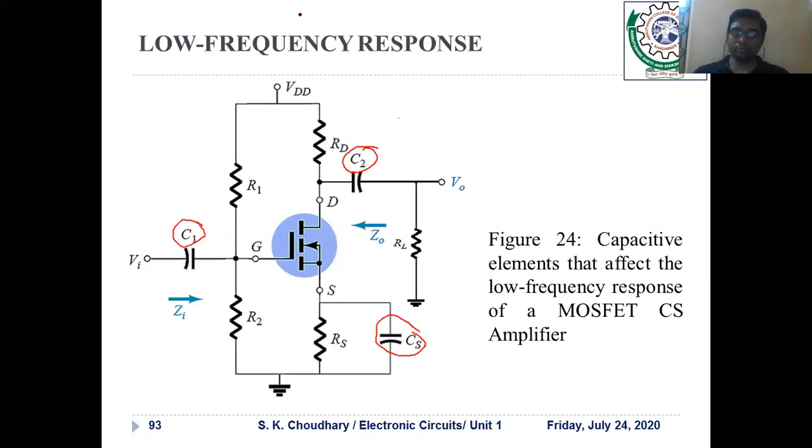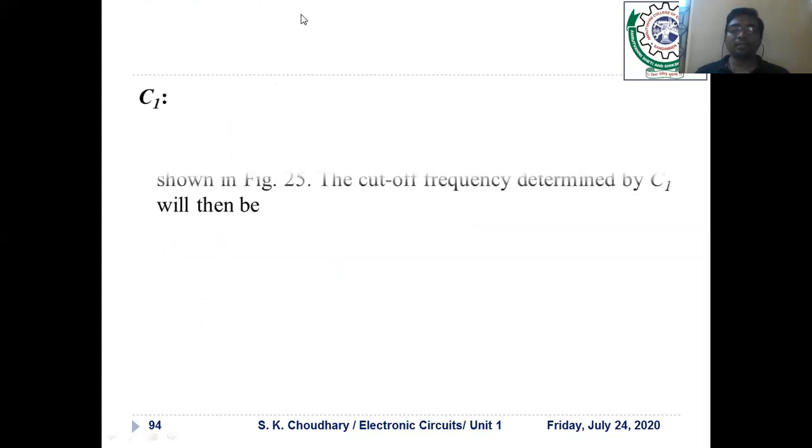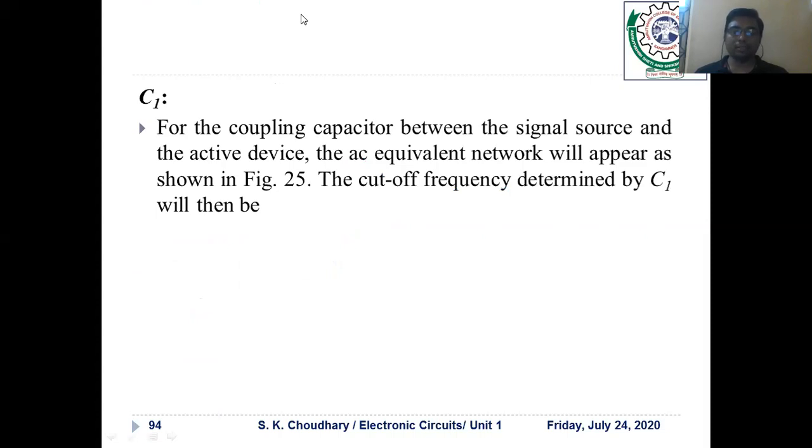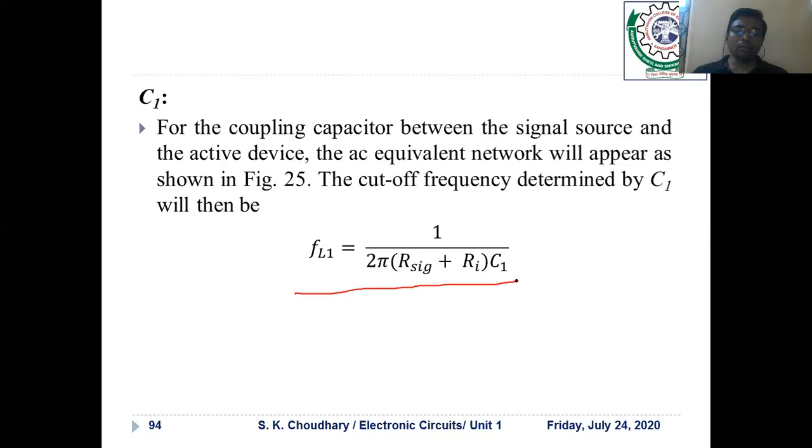Now, we have already seen, I am just taking a quick revision. What is the effect of the coupling capacitor C1 on deciding the lower cutoff frequency? This is the formula for lower cutoff frequency FL1, that is equal to 1 upon 2 pi (R signal plus Ri) into C1.